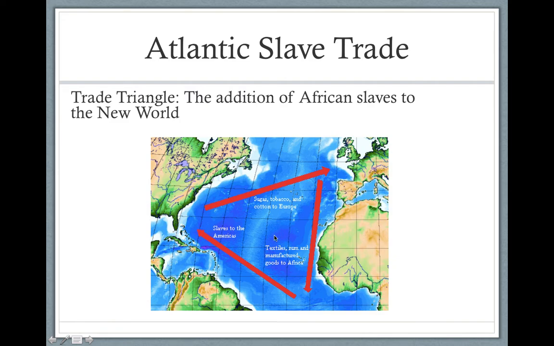So you can see this is kind of a constant cycle, this triangle trade route. Natural resources from the New World sent to Europe to be made into manufactured goods, taken to Africa, traded for kidnapped Africans that are then taken to the New World and sold into slavery. It's a triangular trade pattern, different from the Columbian Exchange, which was just between the New World and Old World, North America, South America, and Europe.